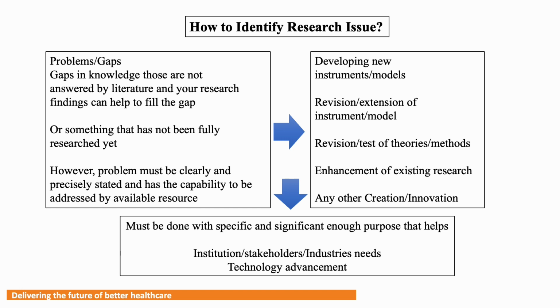Something that has not been fully researched yet. That provides you a gap to do research using the gaps in published literature. However, a problem must be clearly and precisely stated and be capable of being addressed by the available resources.